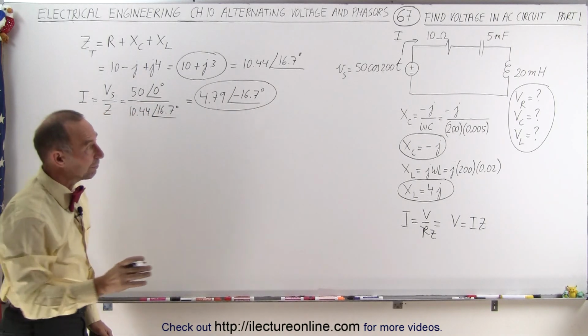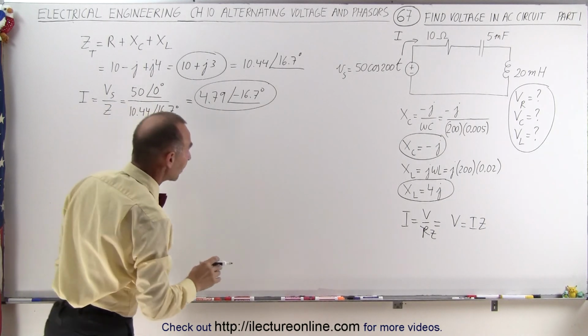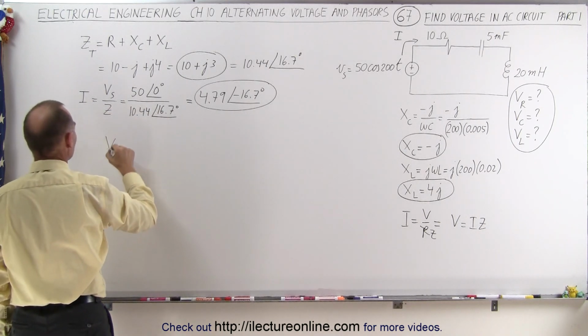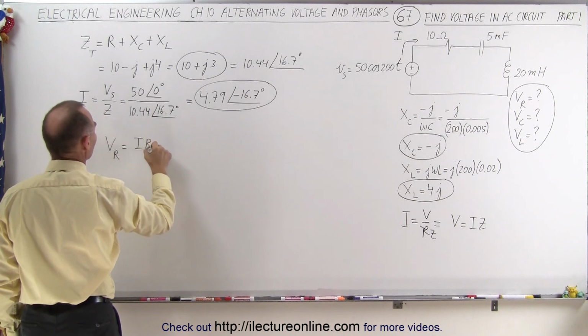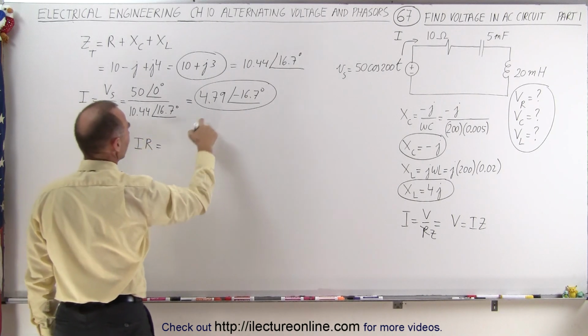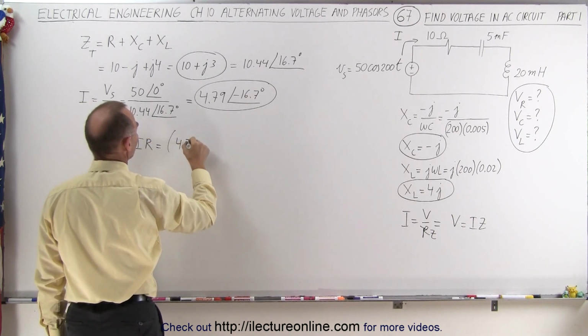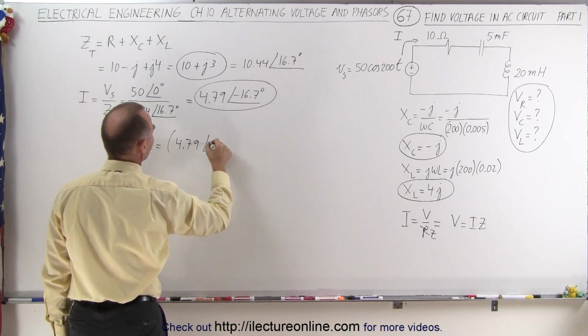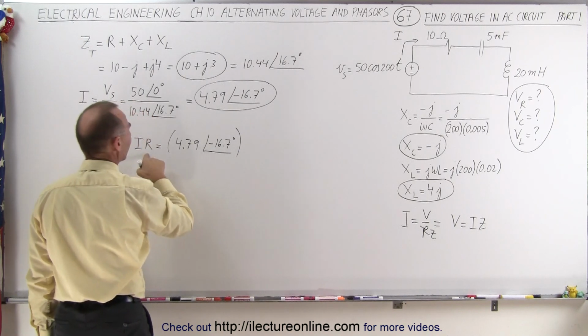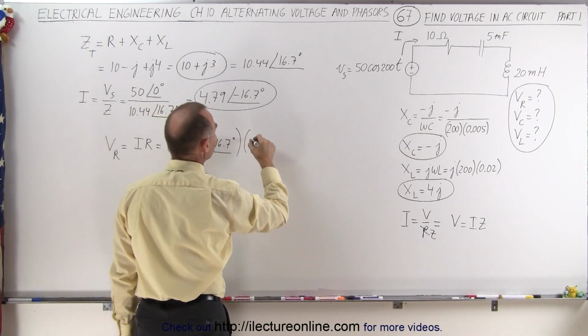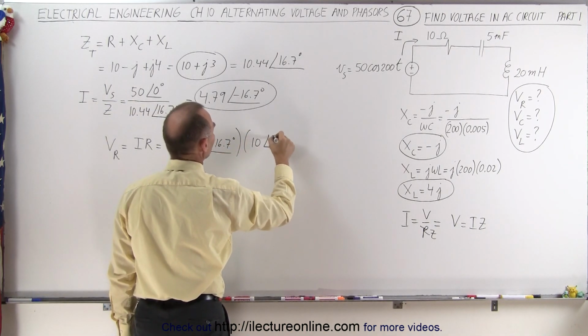So now when we want to find the voltages of each of the three components, we can say that the voltage across the resistor is equal to the current times the resistance. So the current here is equal to 4.79 with a phase angle of minus 16.7 degrees, and we multiply times the resistance, which is 10 with a phase angle of 0 degrees.